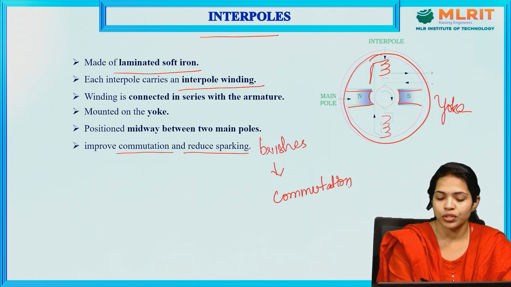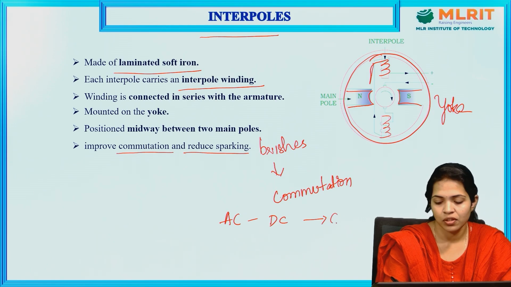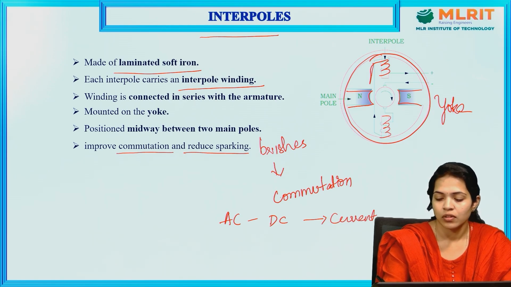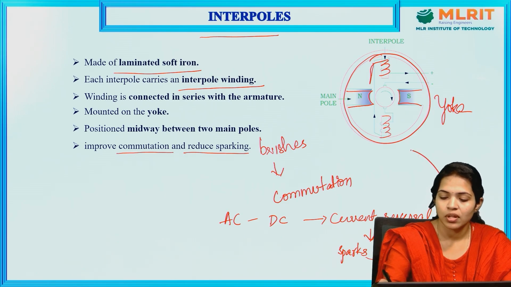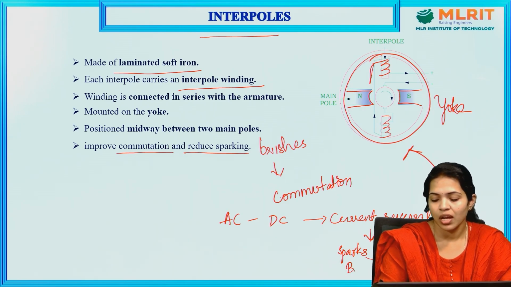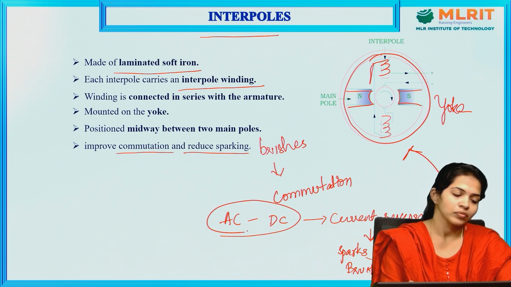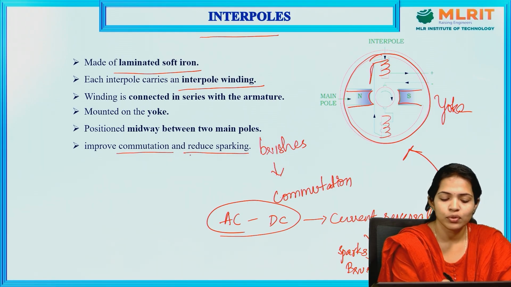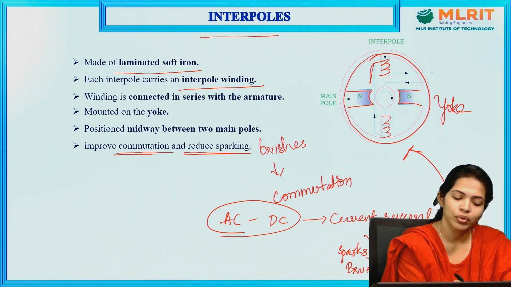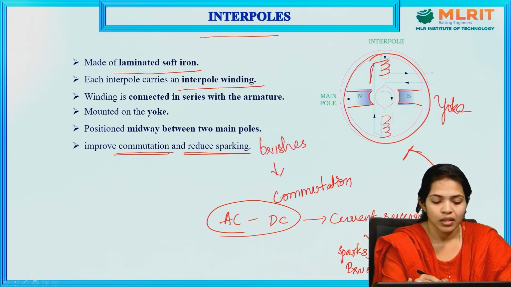In the process of conversion from AC to DC in a commutator, there is a current reversal which produces sparks at the brushes. So these interpoles will reduce the sparking at the brushes. In turn, it improves the process of commutation. The main function of interpoles is to reduce the sparking at the brushes, and it overall improves the process of commutation in the DC machine.